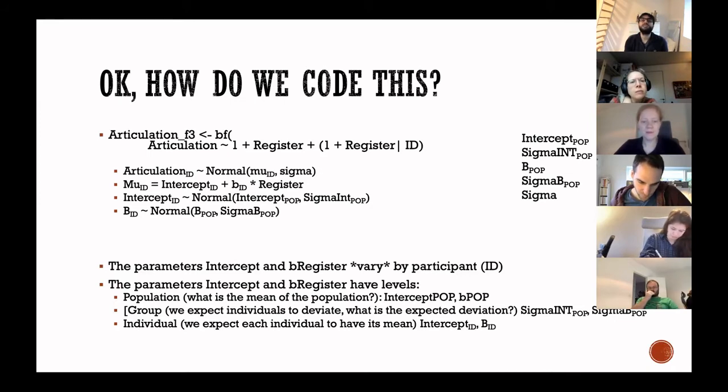So how does this differ from saying, for instance, articulation is a function of ID? If we were to say that articulation is a function of ID, we would have a separate, completely independent estimate for each participant of the articulation. By using this notation, what we're saying is they don't have a completely separate estimate because they all belong to the same population.